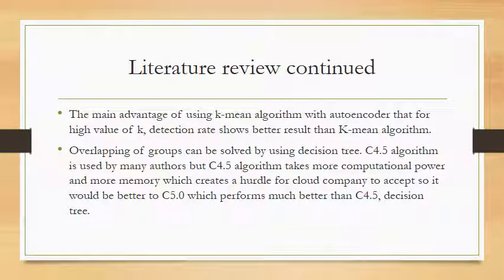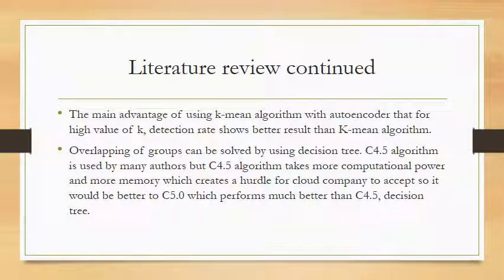But even then there is one disadvantage of the K-means algorithm: it sometimes leads to overlap of clusters. In our real-time scenario, we can't be sure what kind of data sets or attacks will occur. So what we are doing is implementing a decision tree.